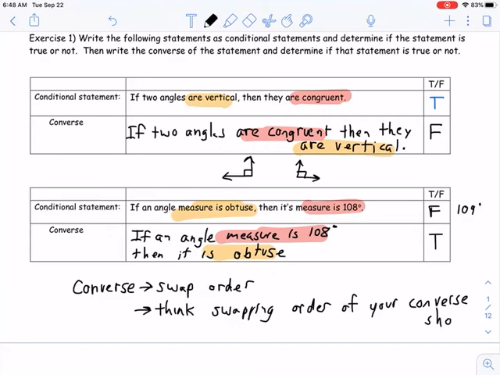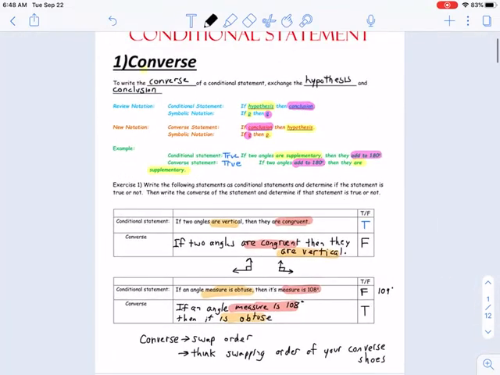This is what they tell me. This is what they say. This helps them remember. You have Converse shoes, you put them on the wrong feet. Converse of a conditional statement, you're swapping the order. Alright, however you can remember, you might have a better way. You might like this way. You might think this way was the greatest way of all time. Whatever helps you. Alright, so that's number one, converse.